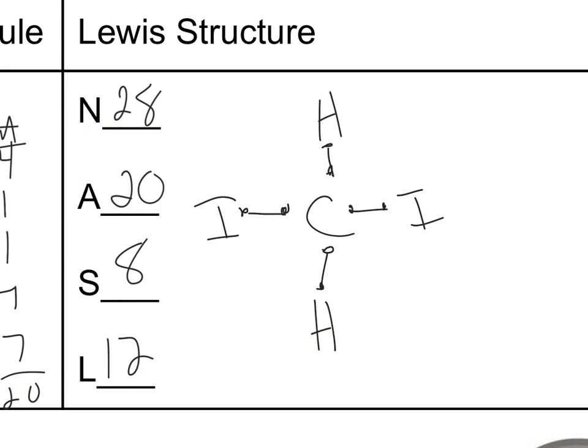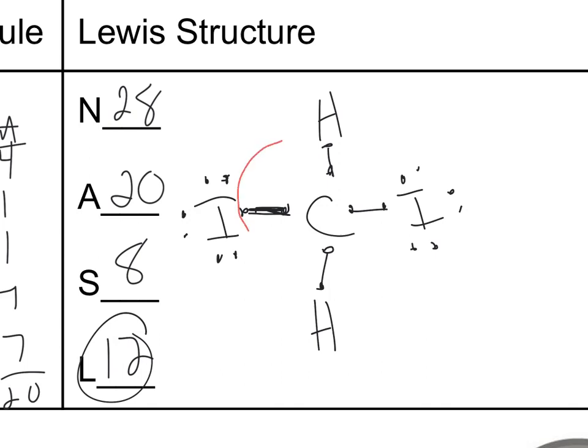Now, there's 12 left. 12 dots. Look at the outside atoms. 2 of them are hydrogen, can't do anything with that. 2 of them are iodine, though. Each of those iodines currently only has 2 electrons in the bond. So each of them is going to need 6 more. And that gives me 12 shared. Done.